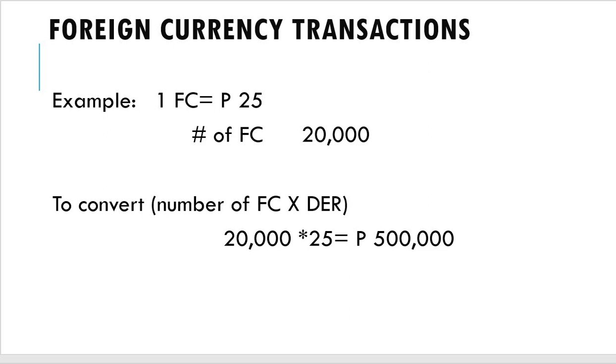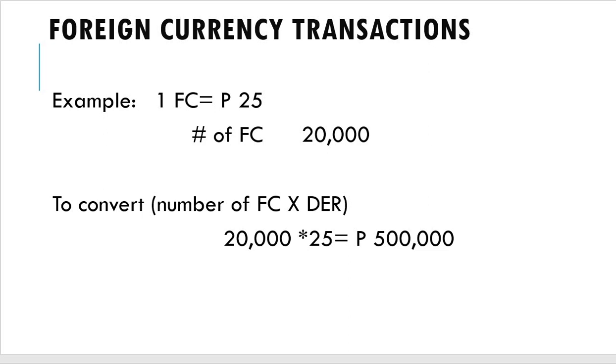Then what if we have 20,000 foreign currency? How do we translate or convert that into peso? If the given is a direct exchange rate, like this example, to convert or translate that into peso, you simply multiply the number of foreign currency with the direct exchange rate. So we have 20,000 foreign currency times 25 direct exchange rate, so we have 500,000 pesos.